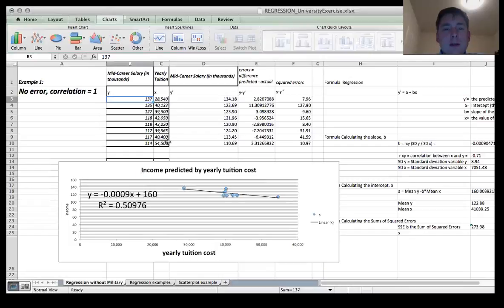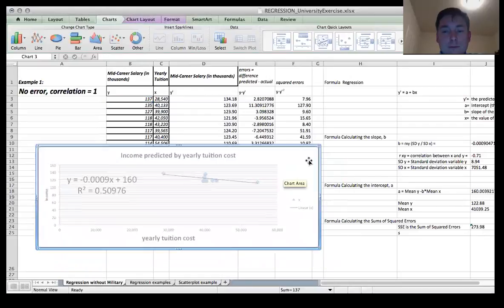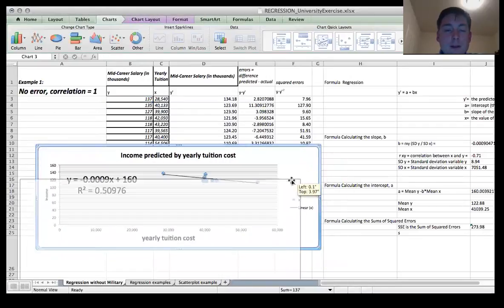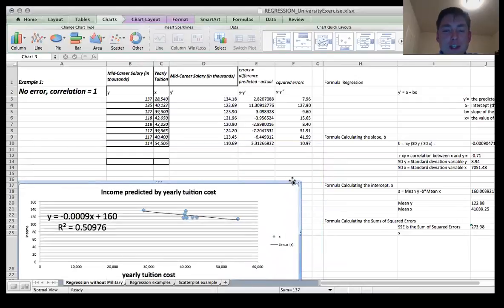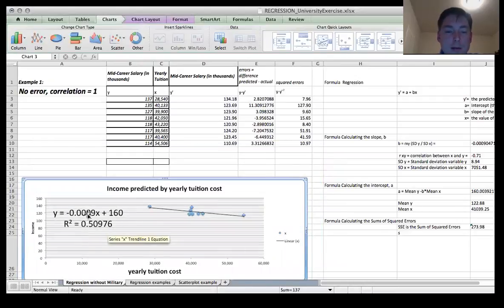So they paid almost twice as much for the tuition, but they made about $23,000 less a year. So there's a negative relationship. As you pay more tuition, you actually were making less yearly income overall.